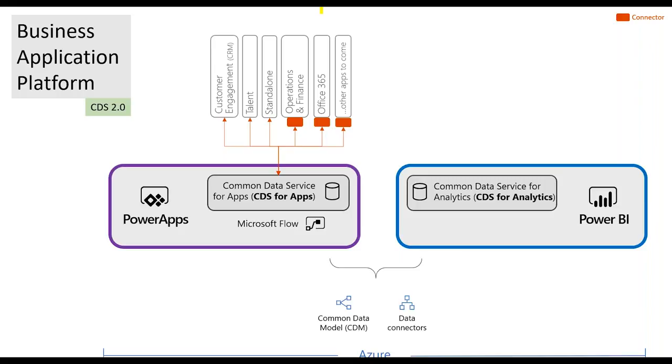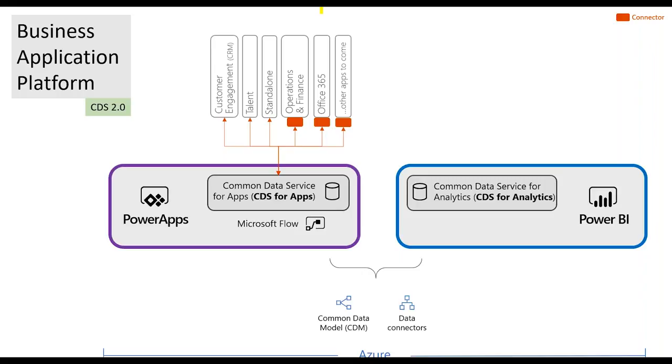The second function for CDS for analytics is that not only does it do the analysis and gives you that insight around the data, but it goes a step further and it provides intelligence. So machine learning, that analyzes the data and tries to provide the next best action and step. So CDS for analytics has those two things.